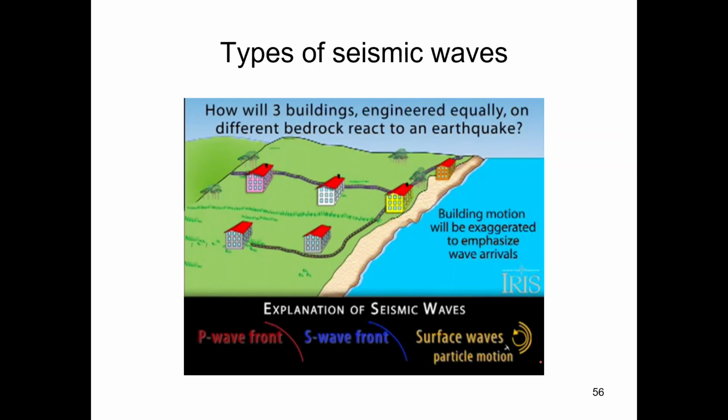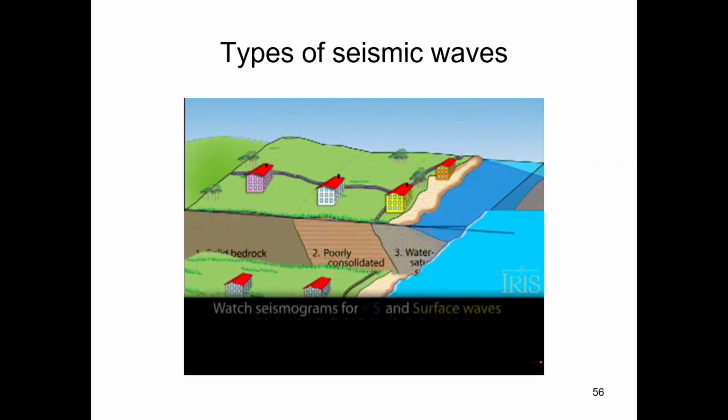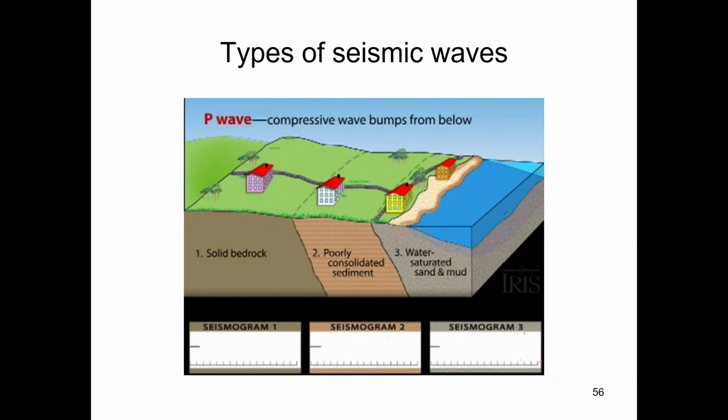The motion of similar buildings on different bedrock will be exaggerated to show the arrival of compressive P, shearing S, and rolling surface waves from a regional earthquake. 3 consecutive seismograms will show the changing frequency and amplitude resulting from the change in rock type. The initial P wave arrives with a compressive bump and rarely causes much damage. The slower shearing S wave introduces a side-to-side motion that can throw loose objects to the floor and may crack walls.